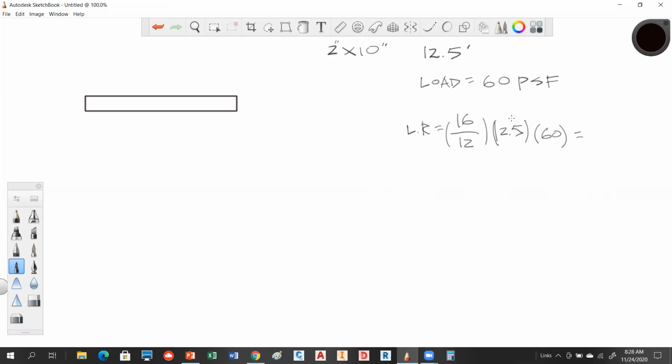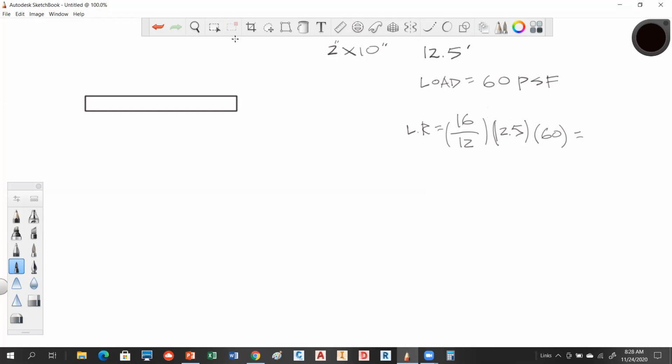So let's go ahead and divide that out, or multiply that. So what do we get? So we have 16 divided by 12 times 12.5 times 60. That's supposed to be 12.5 there, guys. Okay.